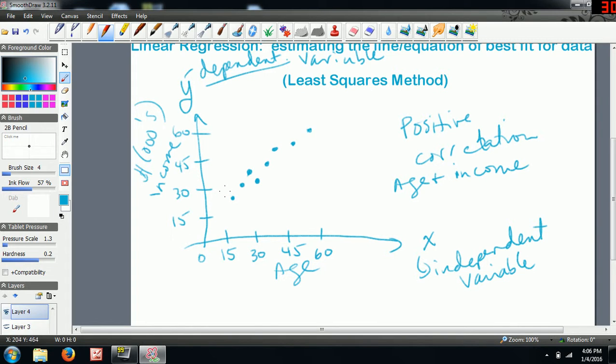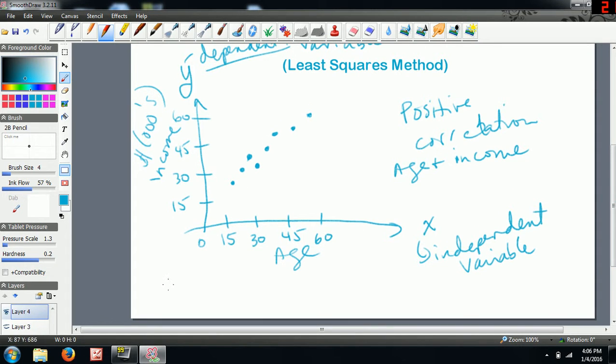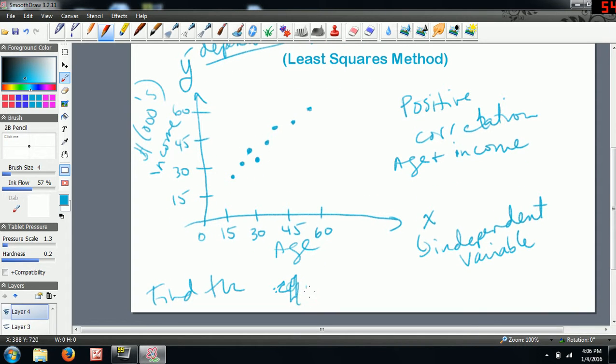Now, if you're asked to find the equation of best fit for your data, you could be given just a data set and asked to find the equation of best fit, and this could be for any data.